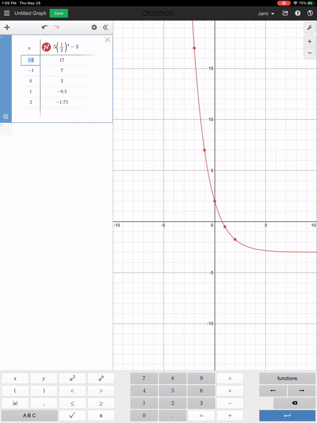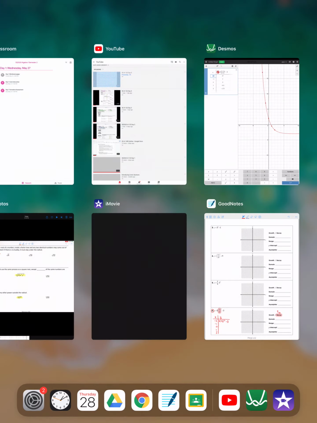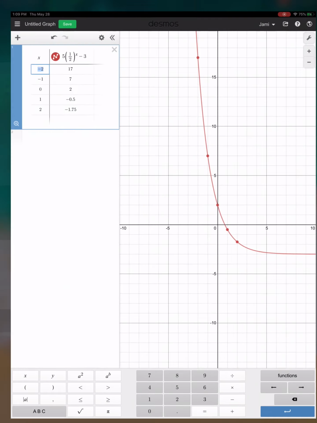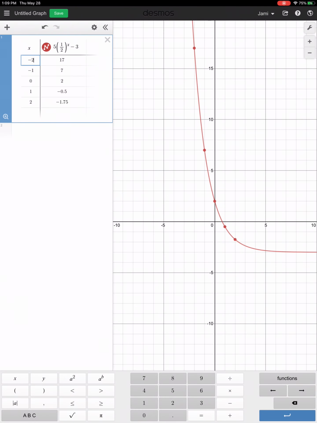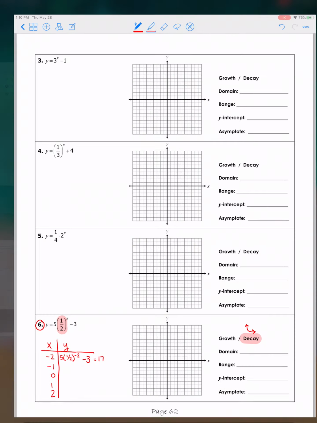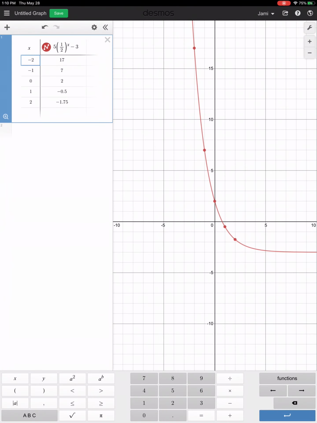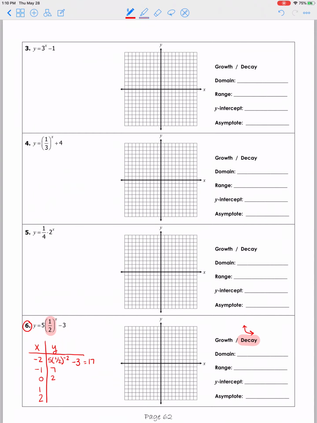So if we have -2, we're at 17. -1 is at 7. 0 is 2. 1 is -0.5. 2 is -1.75.